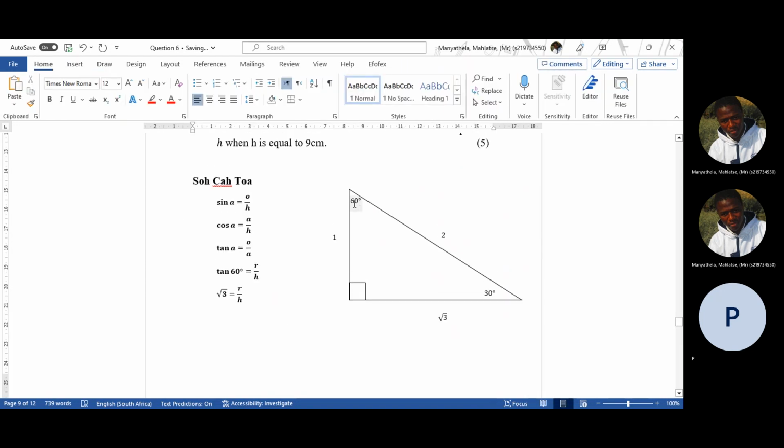So let's determine the tan of this angle. When we are looking at this angle, this is the adjacent side, and this one becomes the opposite side. So tan of 60 degrees will be equal to root 3 over 1, which is simply root 3.